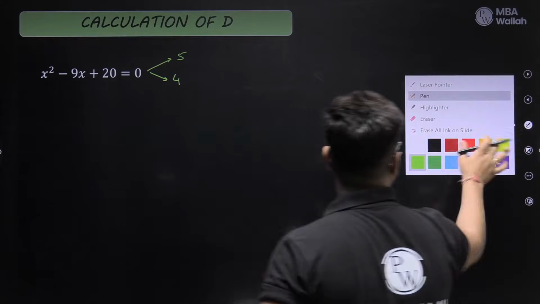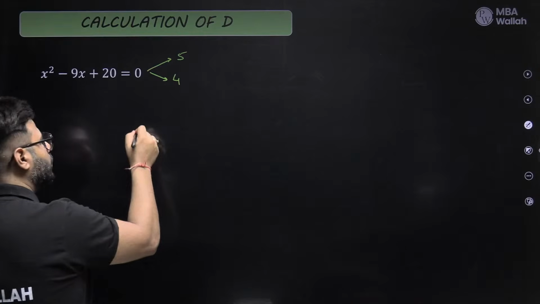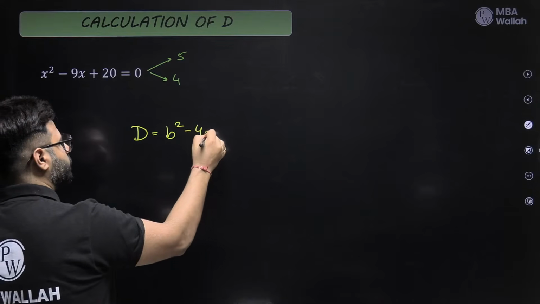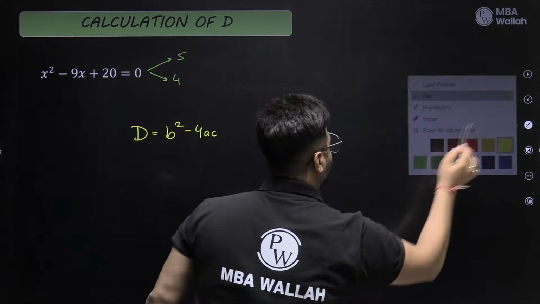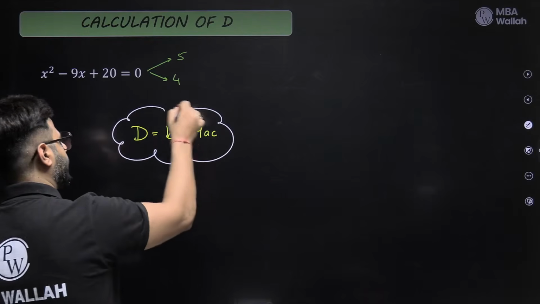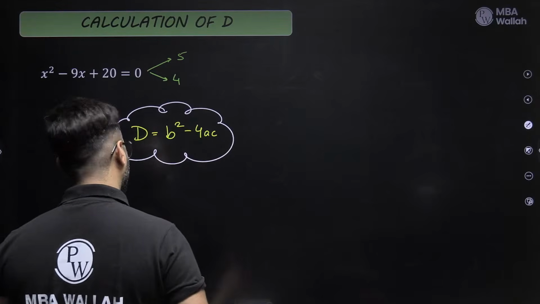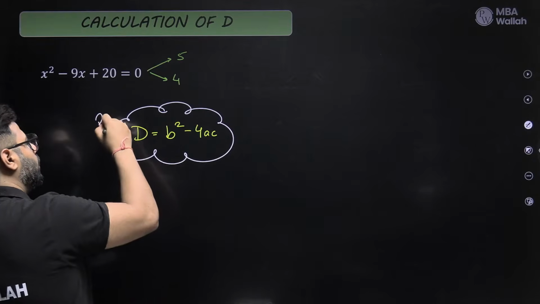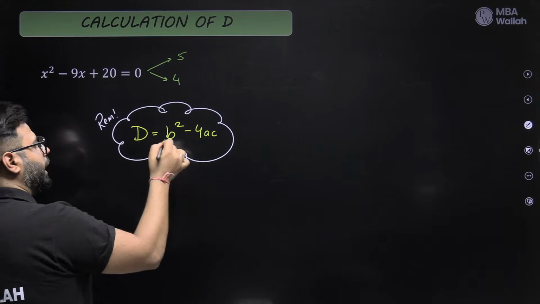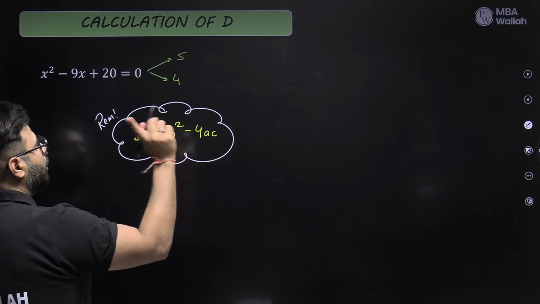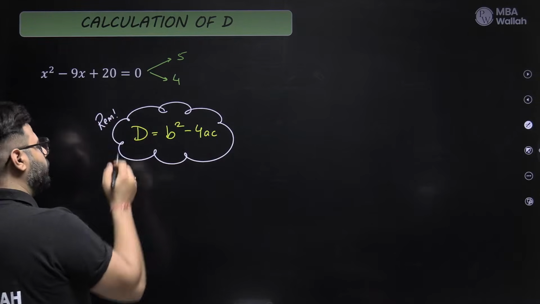First thing, you will have to learn a formula, that is D is equals to b square minus 4ac. Now what is this D? Why this is called discriminant? We'll talk about that. You eventually will figure it out on yourself. But for now, remember this, where a, b, c have their usual meaning, the coefficient of x square, x and constant term. Go ahead and calculate the D for this equation.